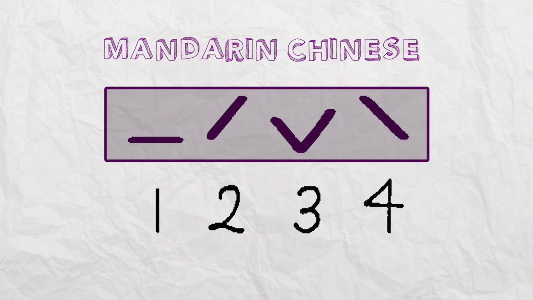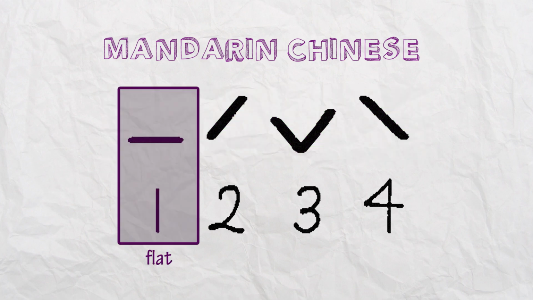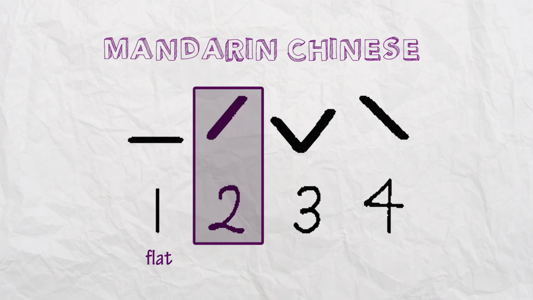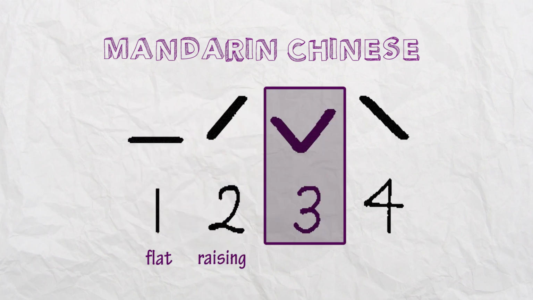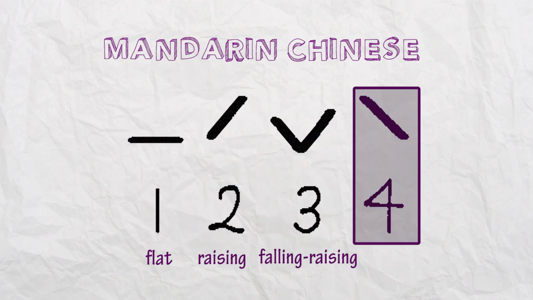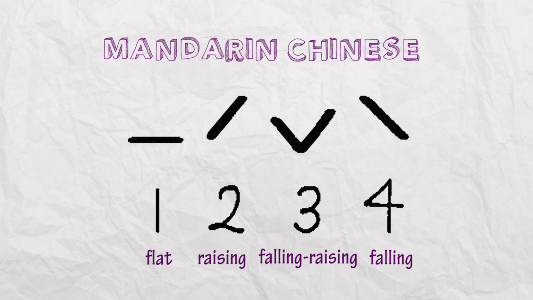If you look at the lines above the numbers, which is the way you actually represent the tones, you would see that tone 1 is a flat line, tone 2 is rising, tone 3 is falling, rising, and tone 4 is falling. This is actually an accurate way of describing the tones. You have a falling tone, a rising tone, falling, rising. These are the actual words you can use to describe these tones in Mandarin.